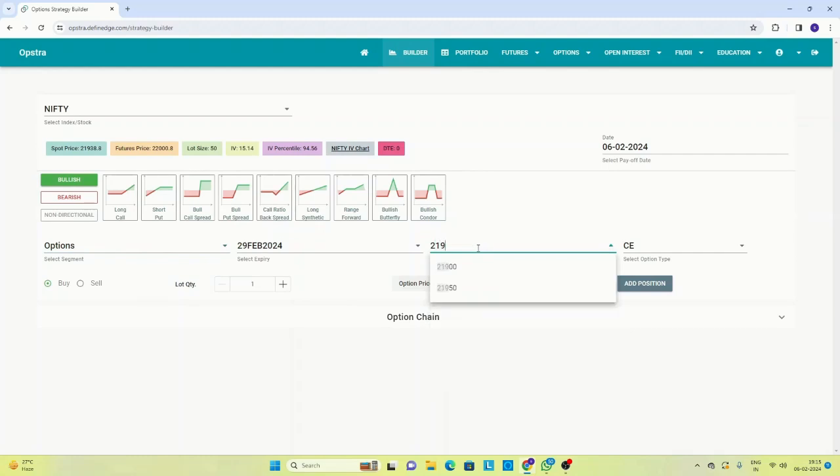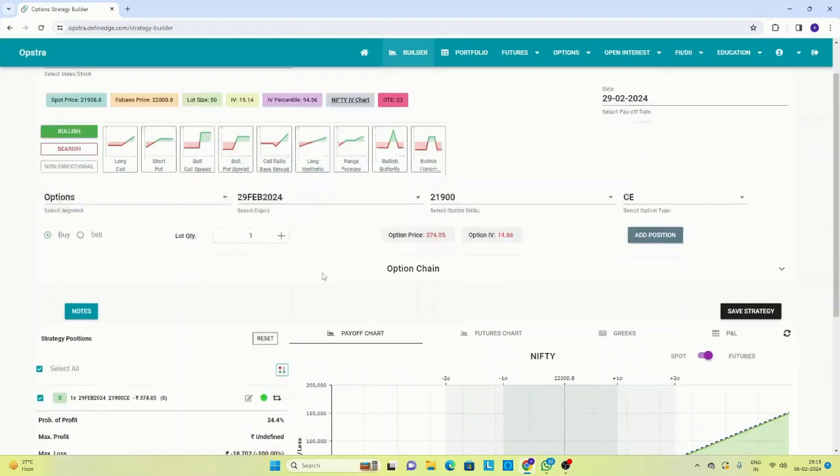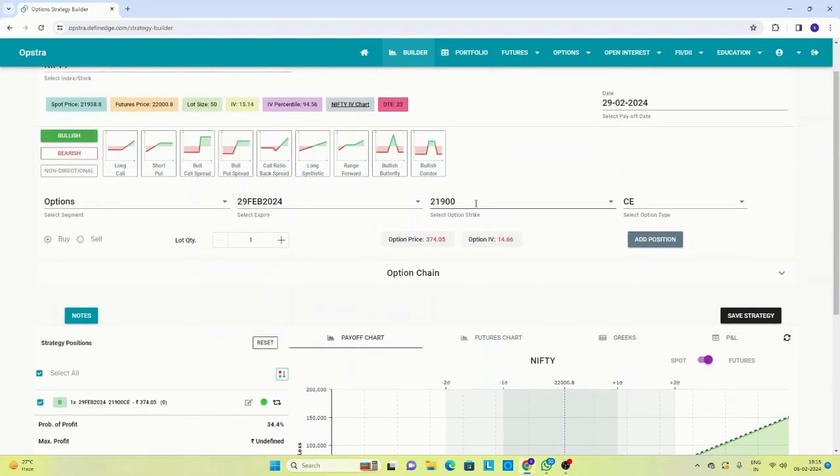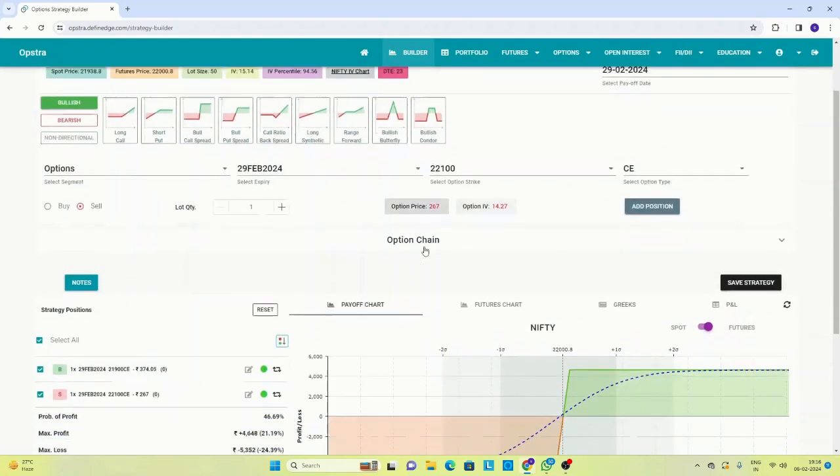We buy one lot of the 21,900 call option and add the position. The second rule is we sell an out of the money call option, so the 22,100 call option, sell instead of buy, quantity 1, add position.